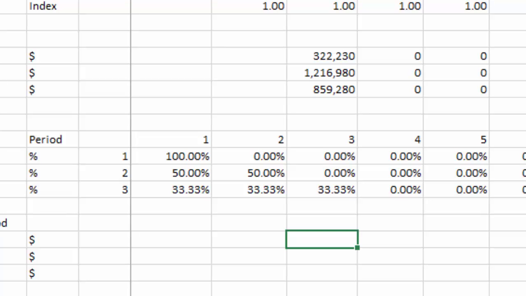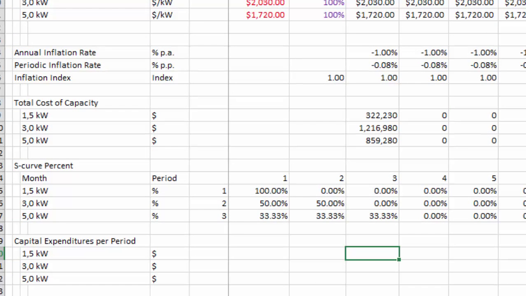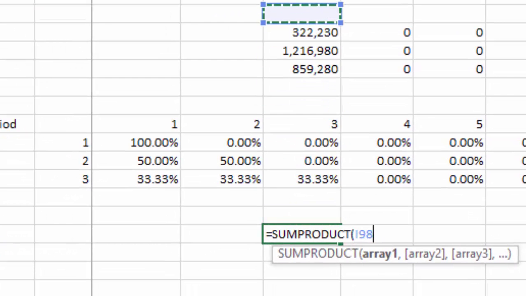Now I'm going to try something I have not done for years, and it's using the SUMPRODUCT. We want to go forward, and we want to multiply this by this one.